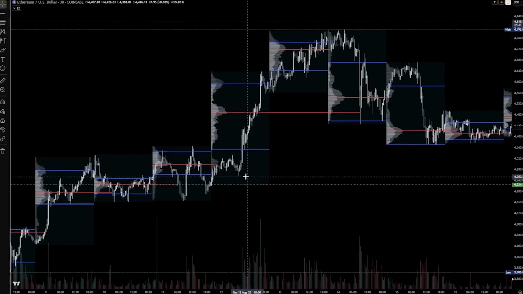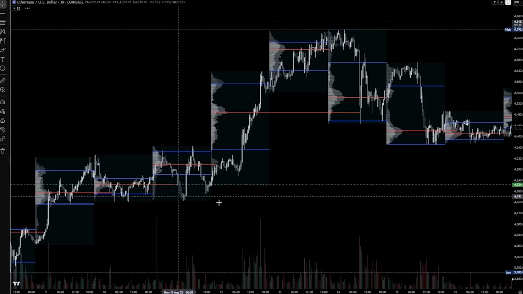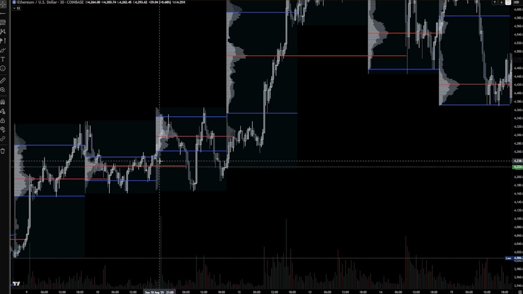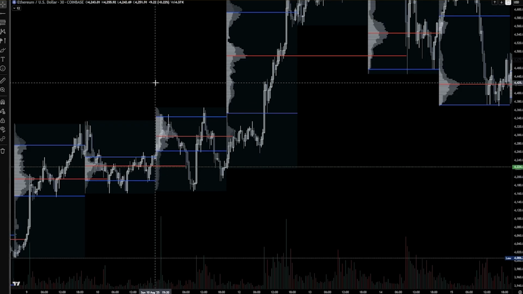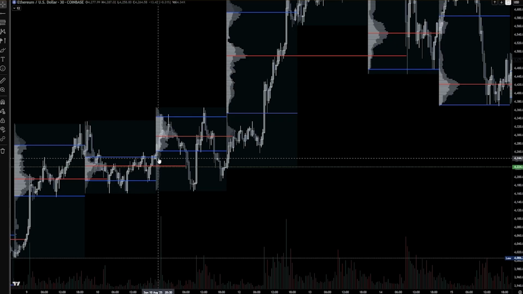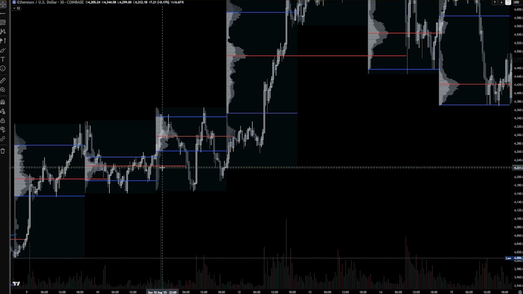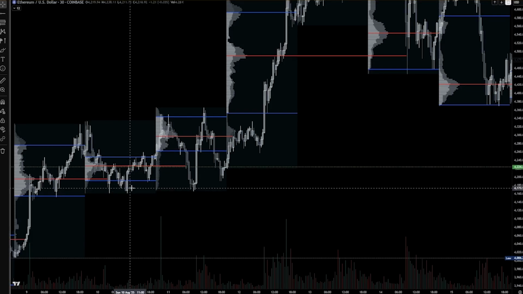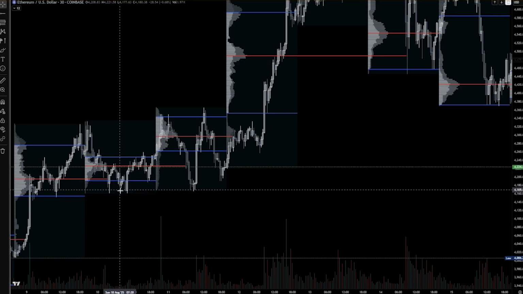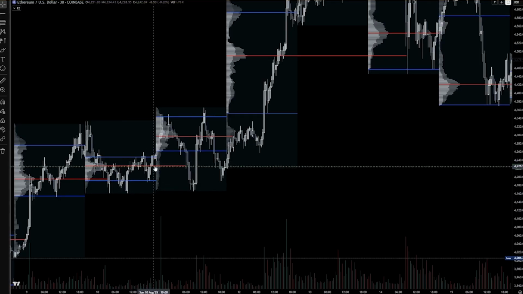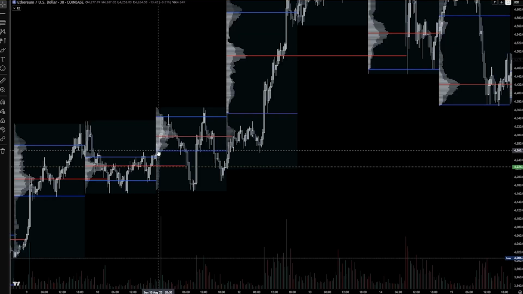But we were looking at this one being a B. Well, you have long or longer tails at tops or bottoms of a profile if price didn't spend that much time there or transact that much volume in that area during the session. Actually looks like the price kind of did spend more time down here in this session, but it was more volume in the middle, and definitely as price came up.